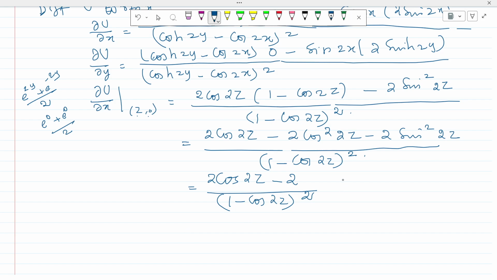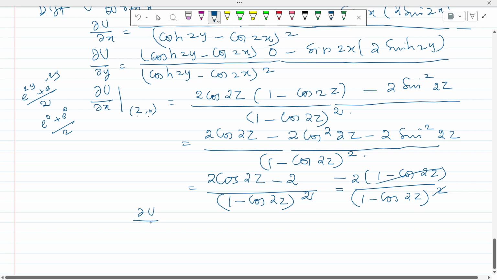If you are taking minus 2 common, 1 minus cos 2z divided by 1 minus cos 2z whole square. So here one 1 minus cos 2z gets cancelled. Then ∂U/∂x at z comma 0 is equal to minus 2 divided by 1 minus cos 2z.